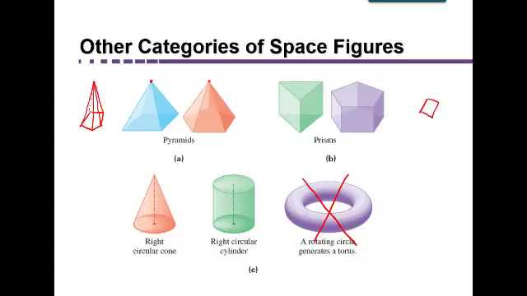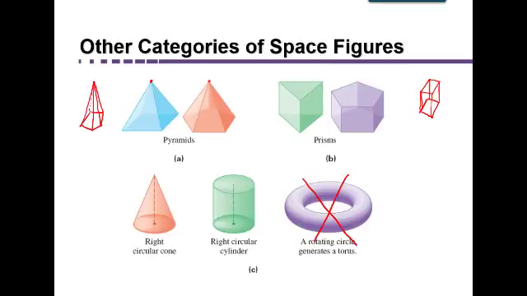Okay, so the difference is, instead of coming up to a single point at the top, you draw the same shape at the top as the other base, and you just connect them. Okay, so here, this would be an example of a rectangular prism.